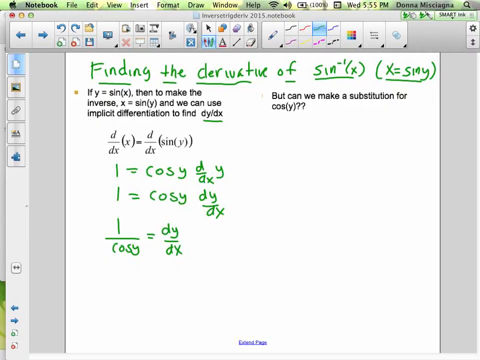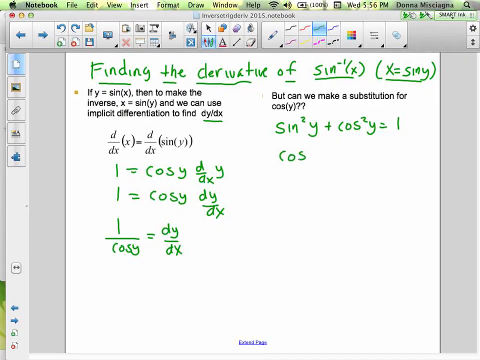Well, there's one equation I know, and whenever I'm in a jam, I reach for that equation, and that is the Pythagorean theorem. Sine squared y plus cosine squared y equals 1. So then I could solve for cosine squared y, and then I could take a square root of both sides. So we'll subtract sine squared y from both sides.